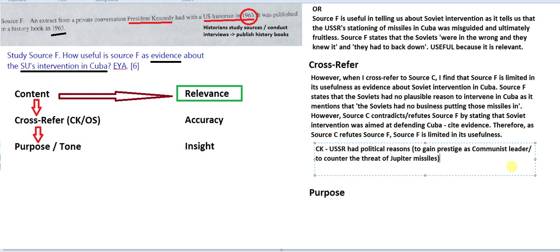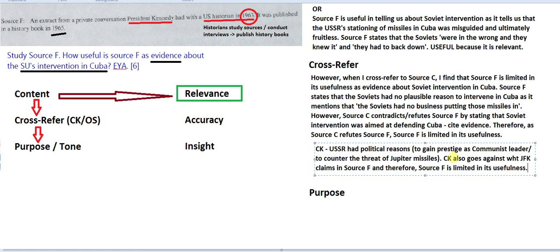These things that your contextual knowledge tells you go against the fact that Kennedy says that the Soviets had no plausible reason to intervene in Cuba. So your contextual knowledge also goes against what JFK claims in source F, and therefore source F is again limited in its usefulness.